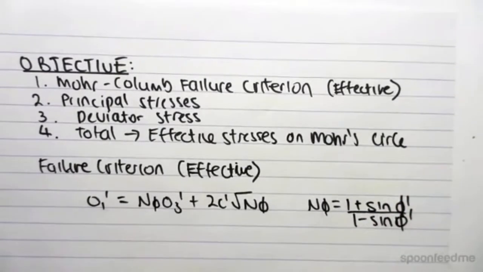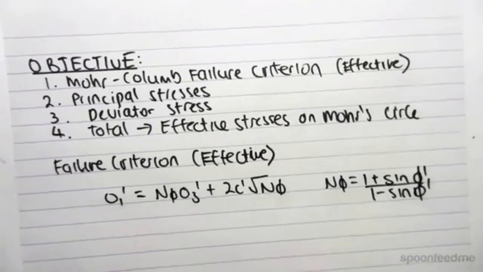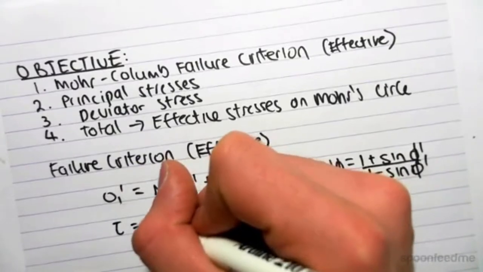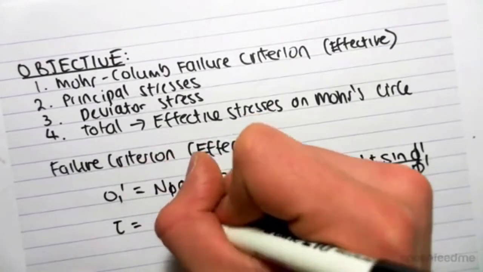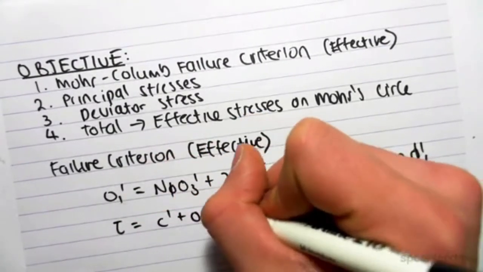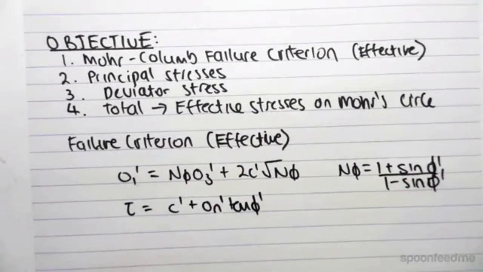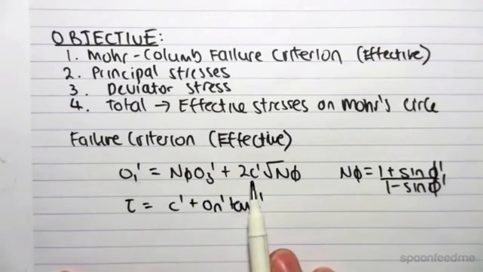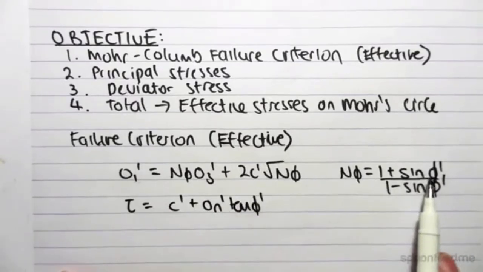So as you can see, just like the other formula where tau equaled c dash plus sigma n dash tan phi dash, we're relating the principal stresses, now relating them to the cohesion and the frictional angle.